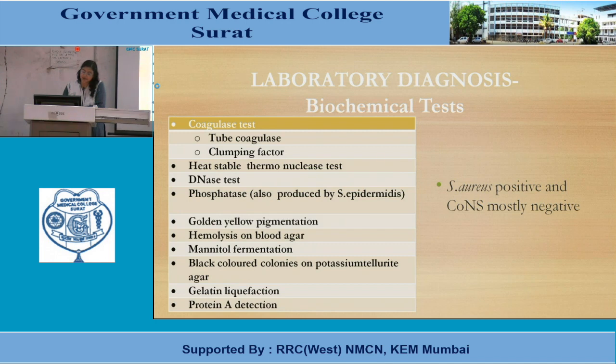But there is an exception where S. epidermidis, a coagulase negative Staphylococcus, also produces phosphatase. Then golden yellow pigmentation, hemolysis on blood agar, mannitol fermentation. Staph aureus produces black colored colonies on potassium tellurite agar. Then it causes gelatin liquefaction and protein A detection. So all these tests can differentiate Staph aureus from other Staphylococci like CoNS.